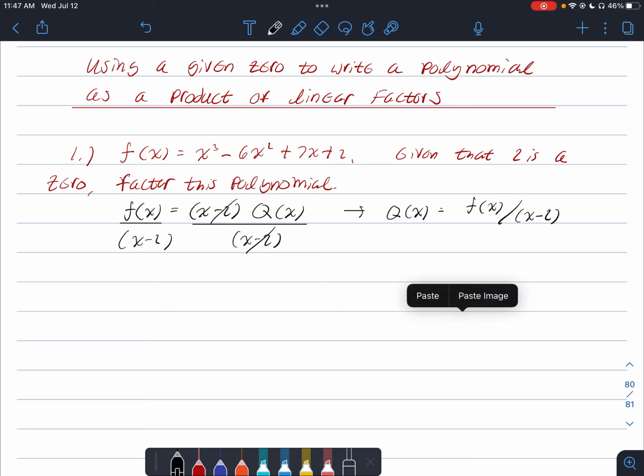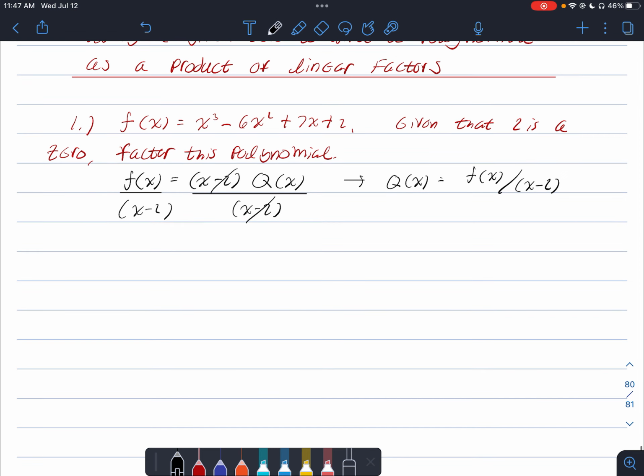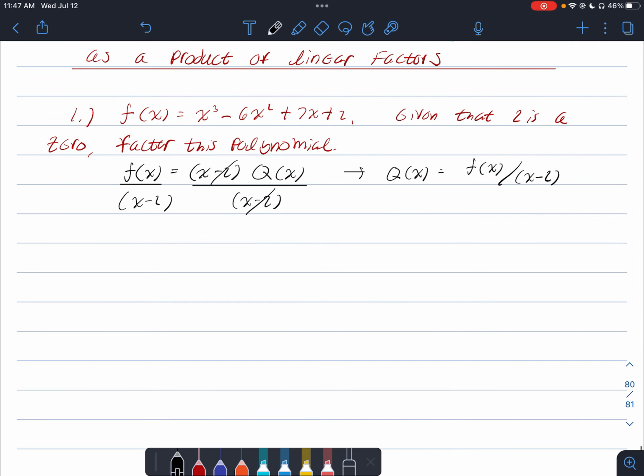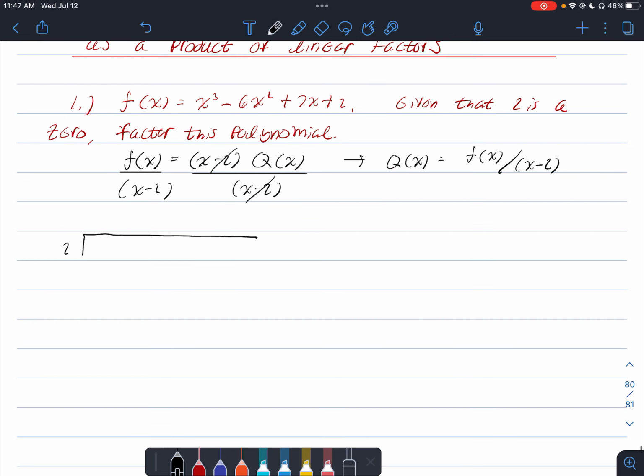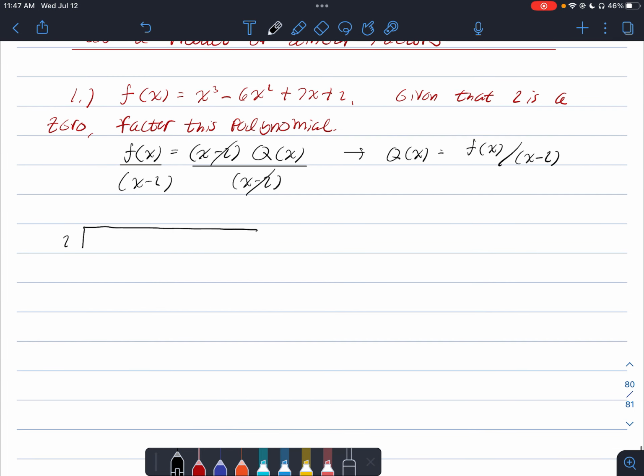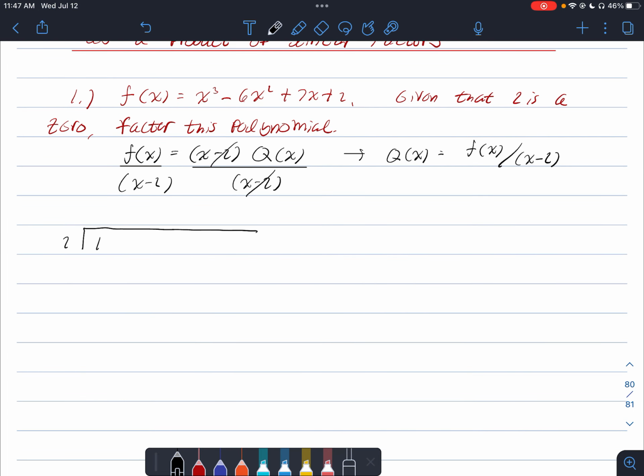So now we can divide our whole polynomial x to the third minus 6x squared plus 7x plus 2 by x minus 2. And for that, we can use synthetic division. So let's take all of the coefficients here: 1, -6, 7, and 2.